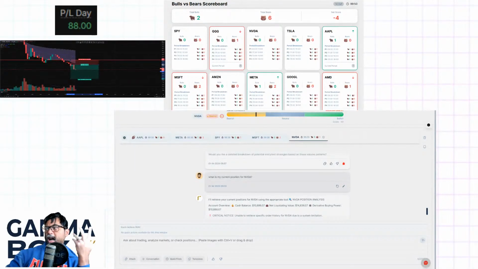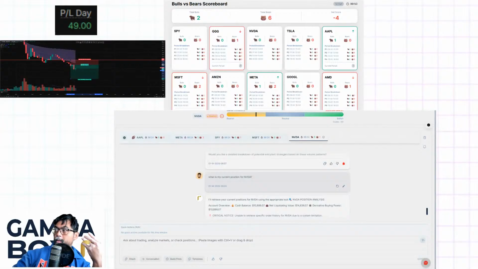But right now, I could probably just let go of 1 contract here. So I've got 4 contracts total. I went ahead and let 1 go, and I'll just start selling off contracts as it goes down. But the idea is that the system will be able to do this for you.